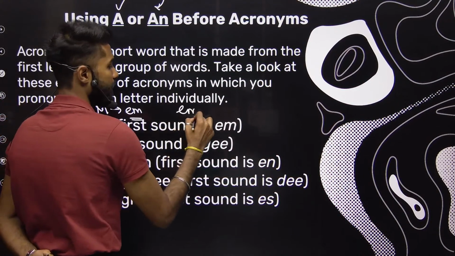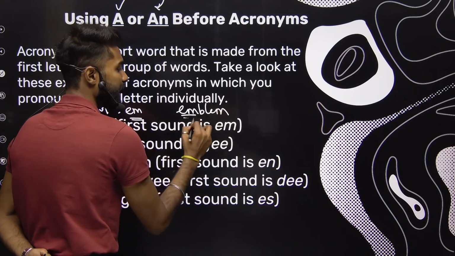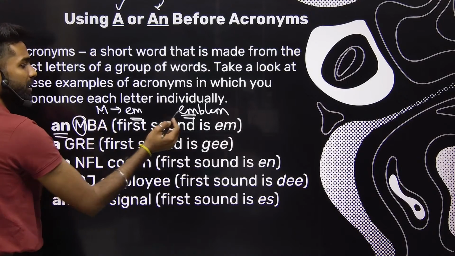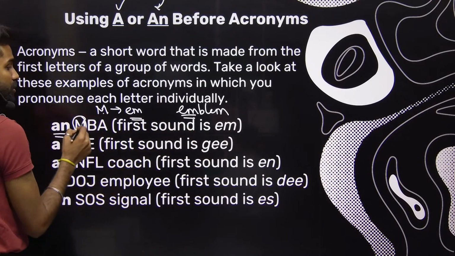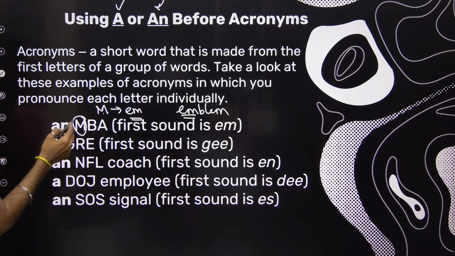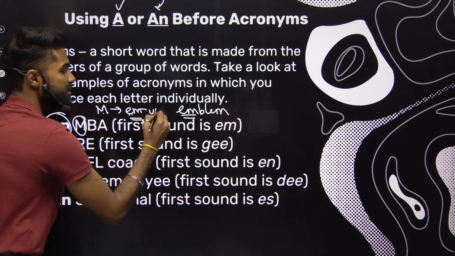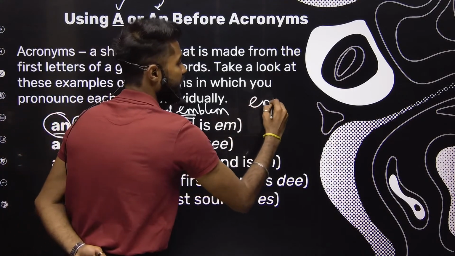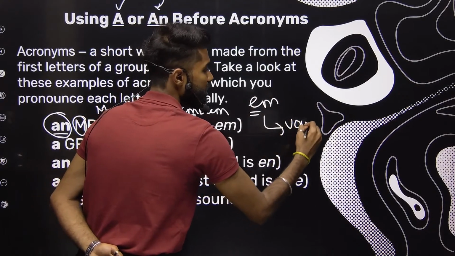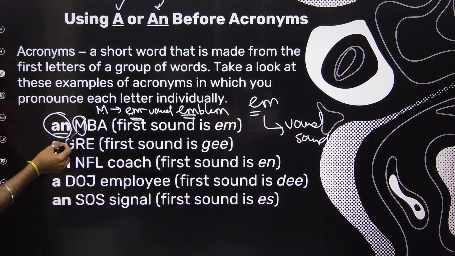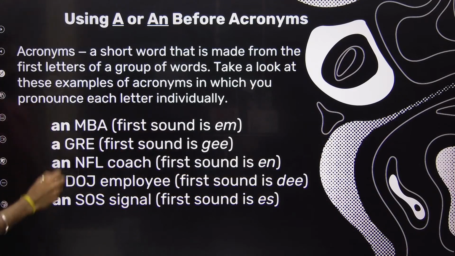For example, see, emblem, emblem. See, M, M. They sound similar. The pronunciation of this alphabet is M. So this is an MBA. Why? M is a vowel sound. So even though this is a consonant letter, it is producing a vowel sound. So I'm using an before it. That's it. Okay.